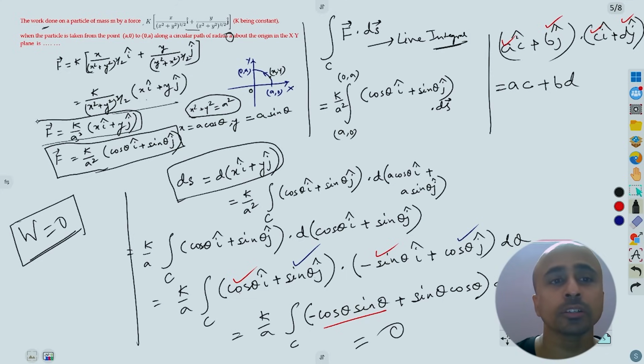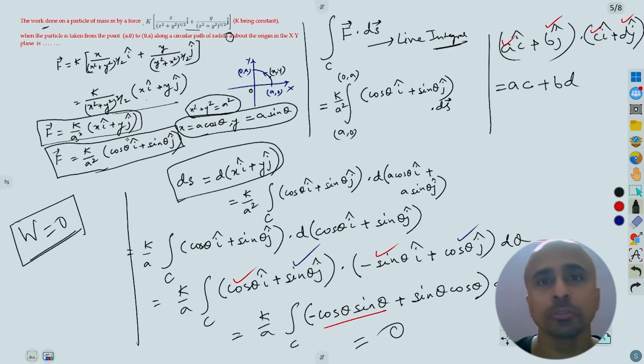But we reduce further actually. Since we are on the circular path, we again apply this condition. The parametric form of a circle whose center is at the origin is this: x equal a cos theta, y equal a sin theta. Since x, y is on the circular path, we convert this Cartesian form into a parametric form.